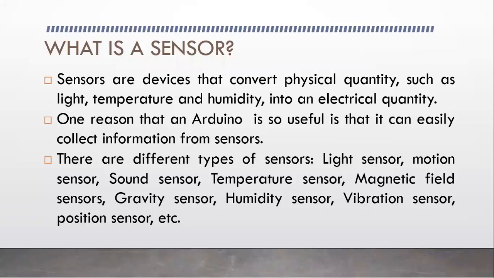In simple terms, take a touch sensor. If you touch some object, based upon the input power supply you have given to the touch sensor, when you touch that sensor, some electrical pulse flows from the positive to the negative terminal, and it is conducted.